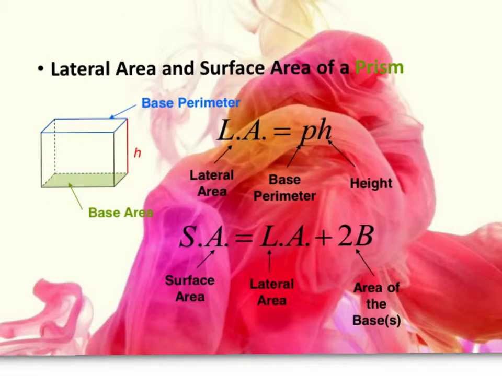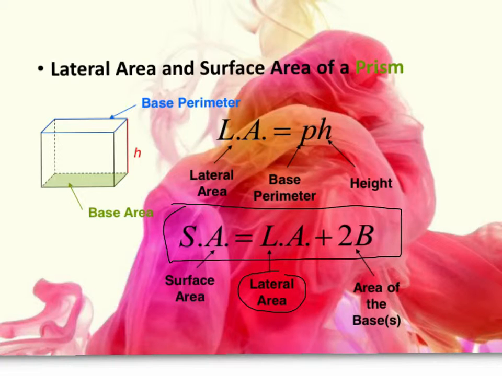This is how your book labels the surface area of a prism. I'm not going to go through and discuss it too much. I did explain each part, but this part of the formula here is exactly what we just had on the last page. So this lateral area, that's the area of the sides, like this side here on the right side.